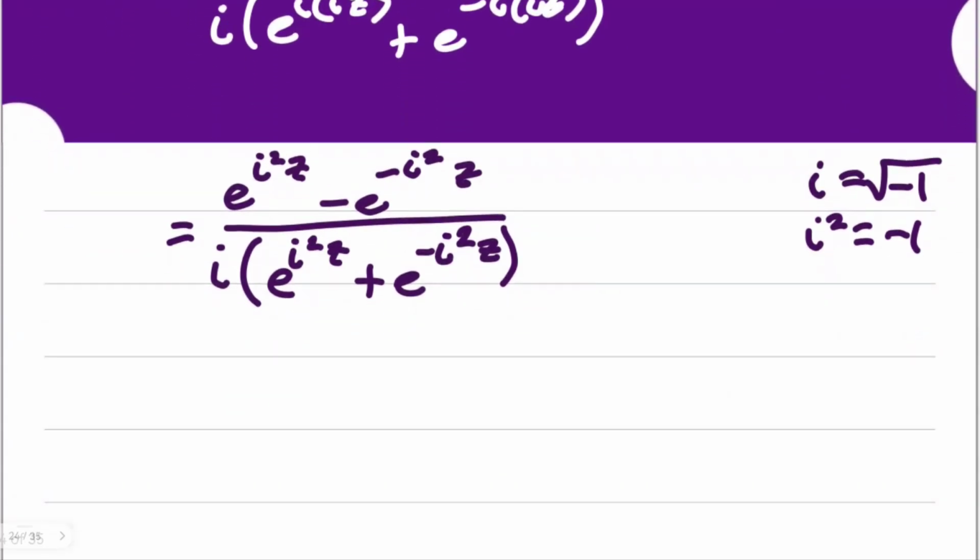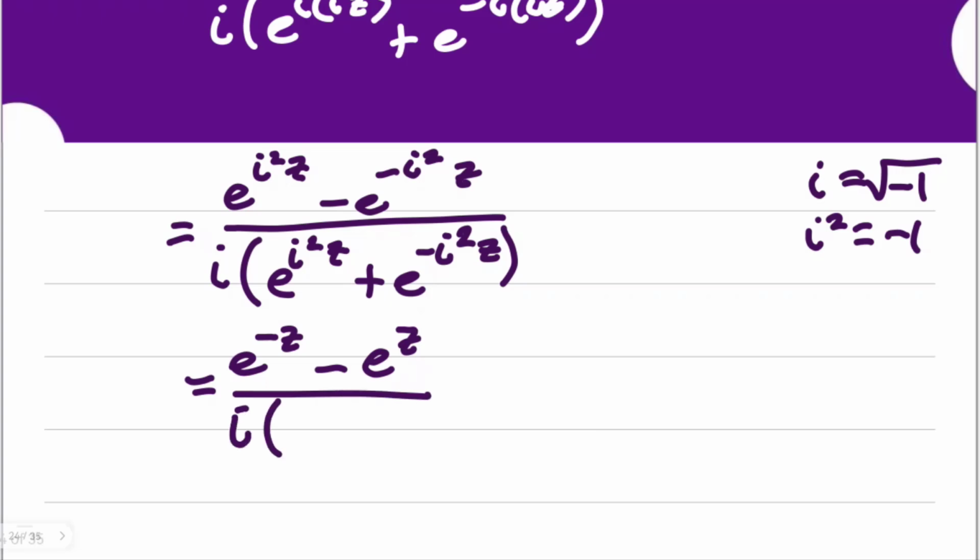So it will become e to the power of negative z, because that's negative 1 in z, over, this is negative 1, but since you have a negative sign here, that will become plus, so positive e to the power of z. Over, you have here i times e to the power of negative z plus e to the power of the negative of negative 1, so positive z.